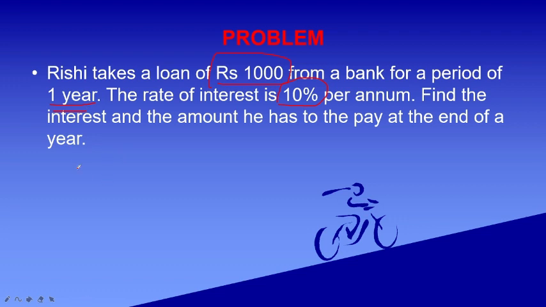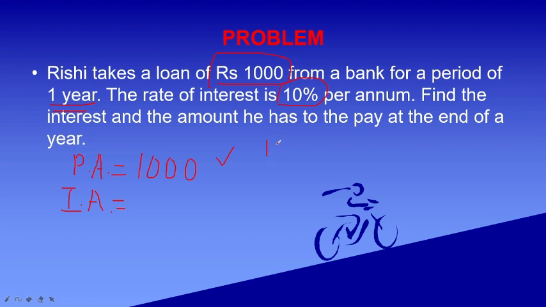So here principal amount PA is 1000 rupees. Now he has to pay 1000 rupees plus interest. So what is interest amount? IA means interest amount. We will find what is interest amount. See here, in 1000 how many hundred is there?